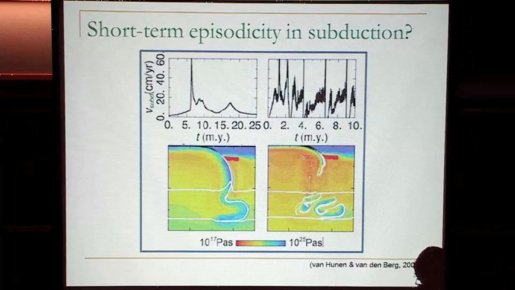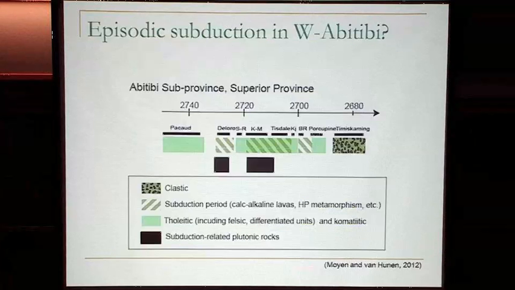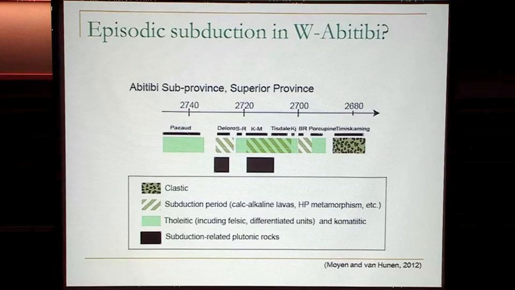Now, this in itself could just be a model artifact, of course, but when I was talking to Jean-François Moyen, who is now one of my collaborators, at EGU a couple of years ago, he suggested that he could recognize those temporary subduction signatures in the geological record as well.